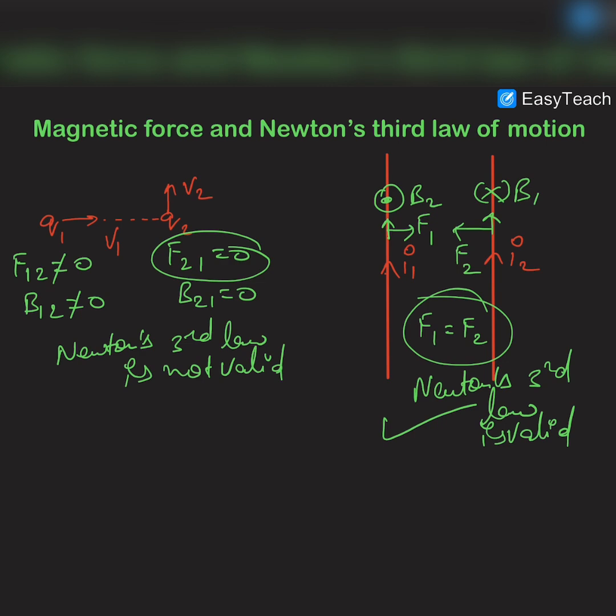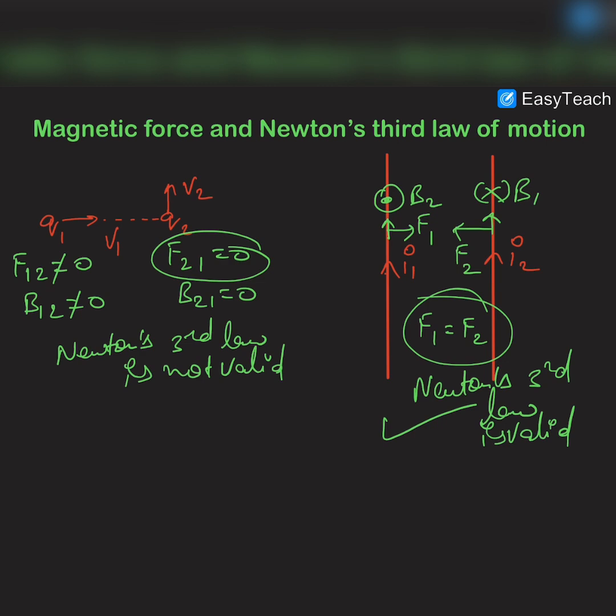This is due to the fact that current carrying wires are electrically neutral, so they are not creating any electric field on each other. So there is no electric interaction between these two wires, and the net electromagnetic force on this wire and on this wire is the total magnetic force only. So the net electromagnetic force acting on this wire is completely the magnetic force acting on the wire, and the same for the other wire, because these wires are not interacting electrically, as they are electrically neutral.